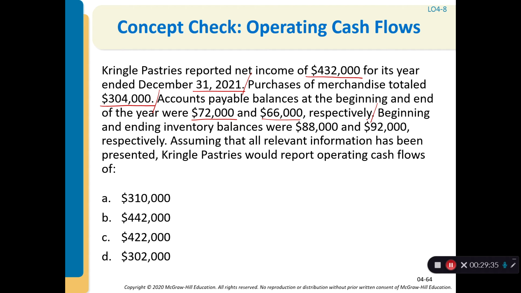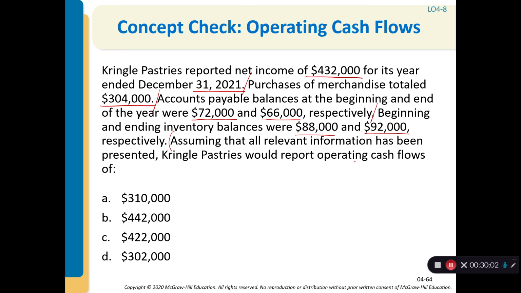So first of all, it has a reported net income, and then it also tells you that the purchase of inventory is 304,000, and that accounts payable decreased as well, right? Beginning and ending inventory balances were 88,000 and 92,000. Assume all relevant information has been presented.